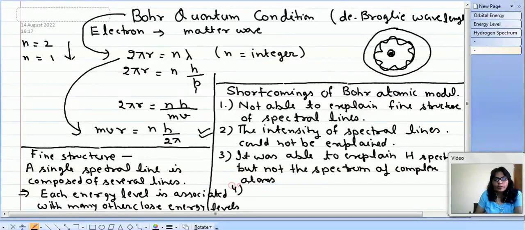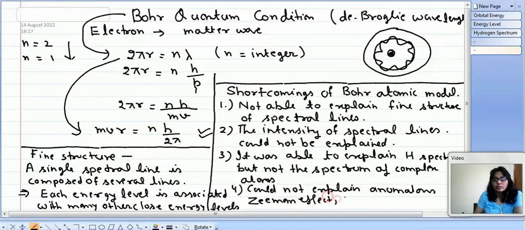Then fourth point, it could not explain anomalous Zeeman effect, Zeeman effect and Stark effect.